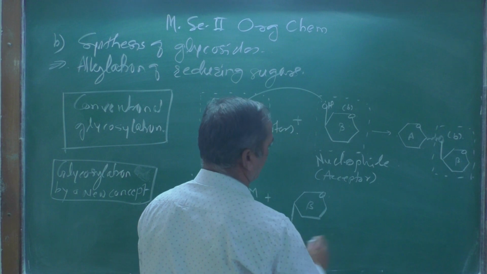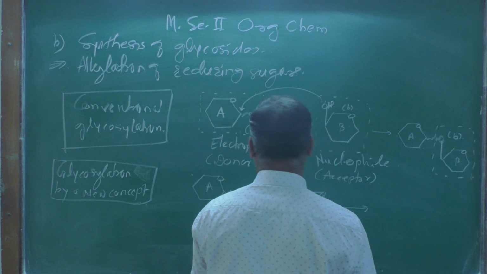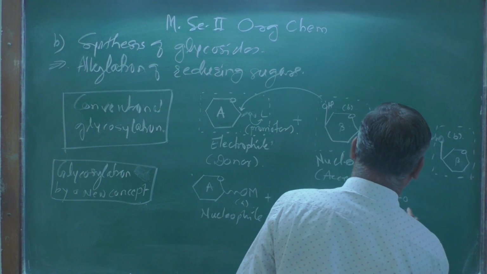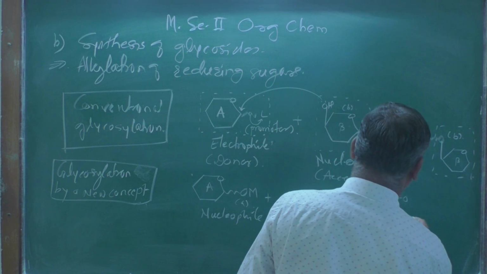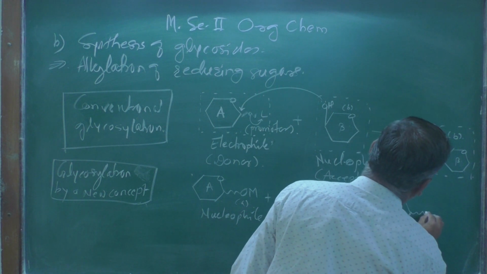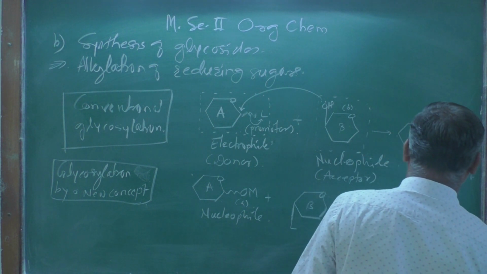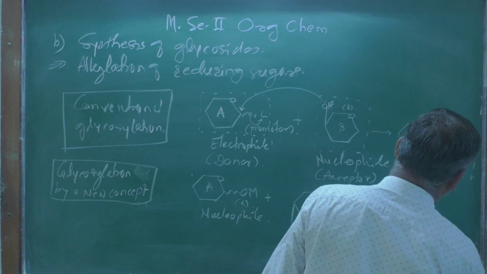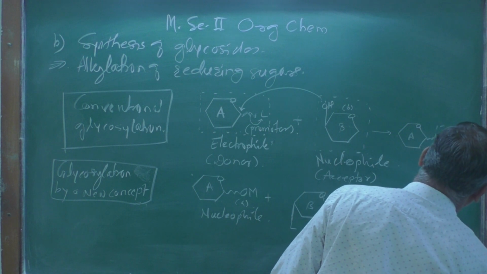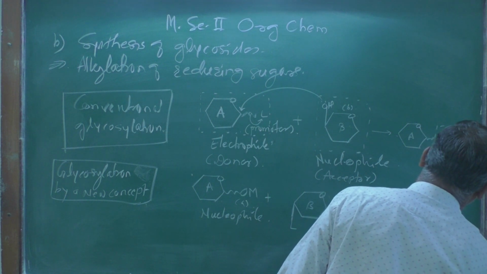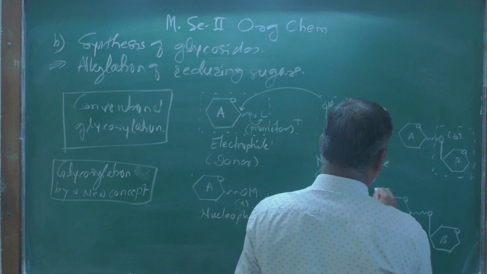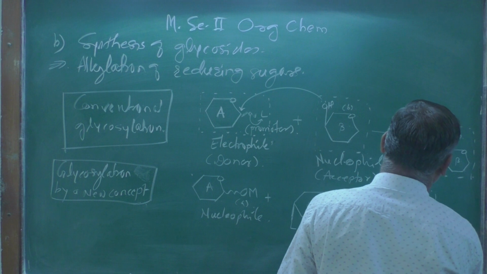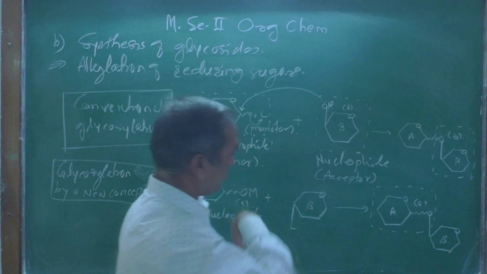This will be the B, and after combining together we are going to get the product, this one, O. This will be the B ring, this will be the A ring, and this will be the A bond formation.